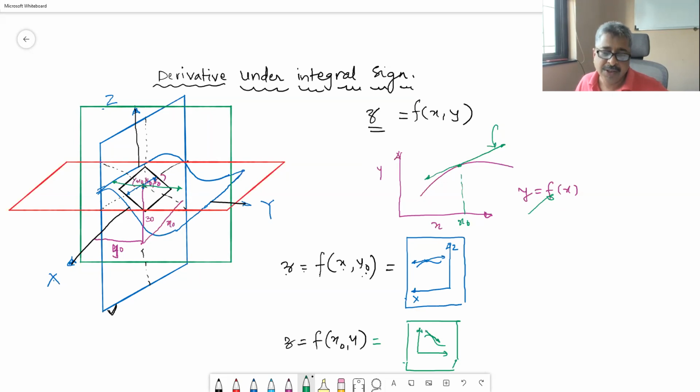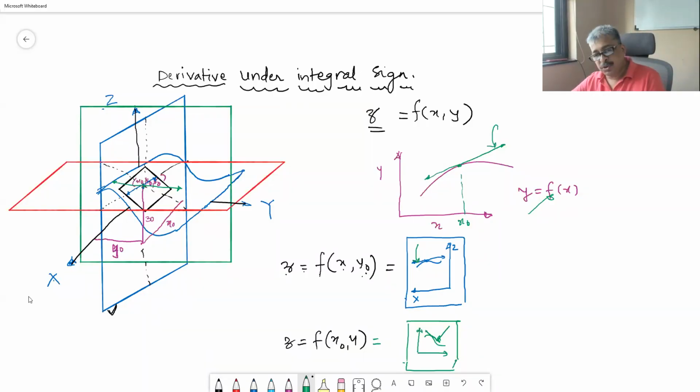That is what it is. So if you study this straight line and this straight line simultaneously, you are studying the plane. I hope I am making it absolutely clear. Let me pause.